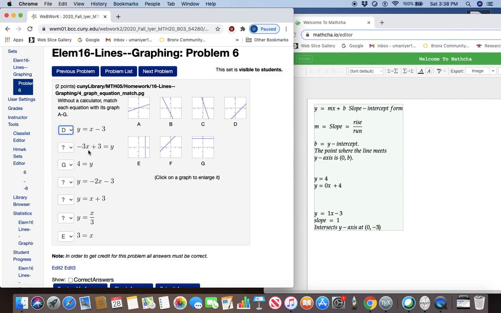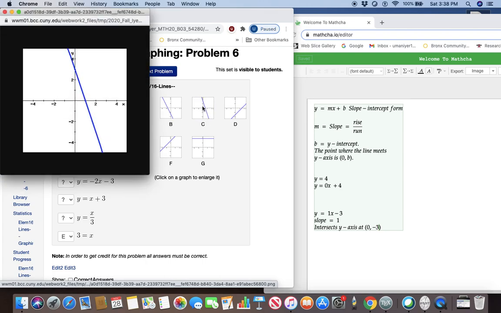Here, y is negative 3x plus 3. So I need a negative slope, y-intercept 3. So y-intercept 3 and negative slope. Let's look at it closely. y-intercept 3 and negative slope.